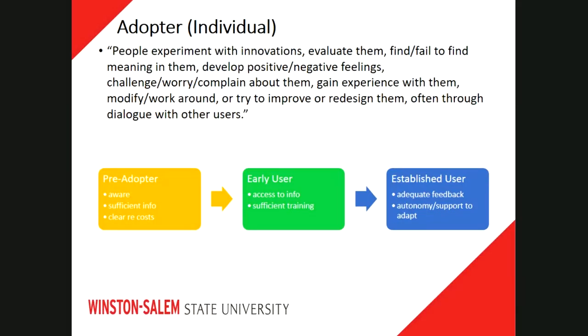The early user, they want access to information, and typically they need sufficient training so that they're better positioned to adopt. The established user, they're looking more for adequate feedback, and they're looking for autonomy and support to be able to adapt. And this is why even as you implement and you get to the end of your implementation phase, you want to get feedback from the key players.